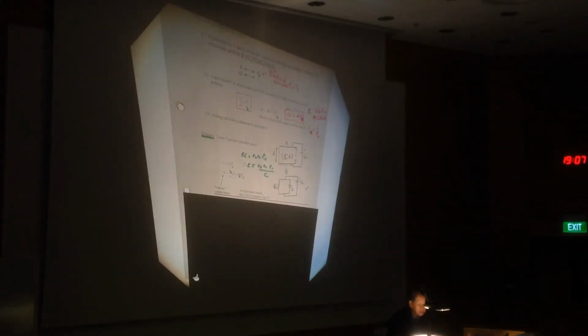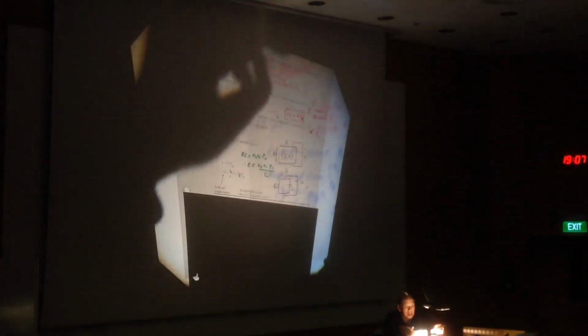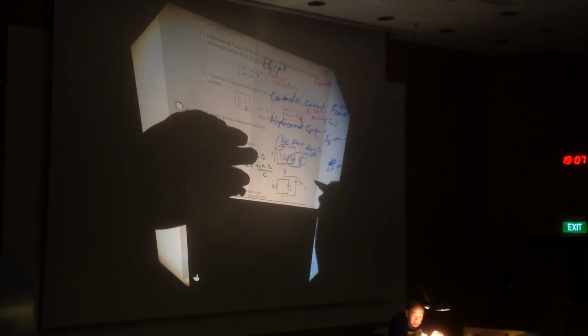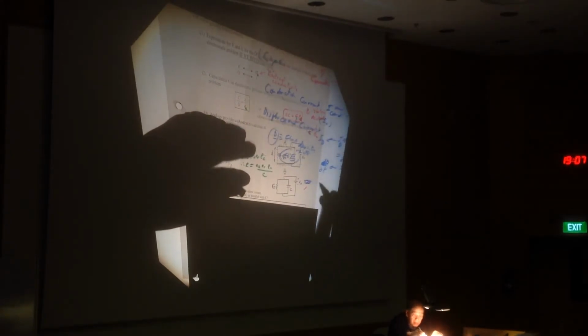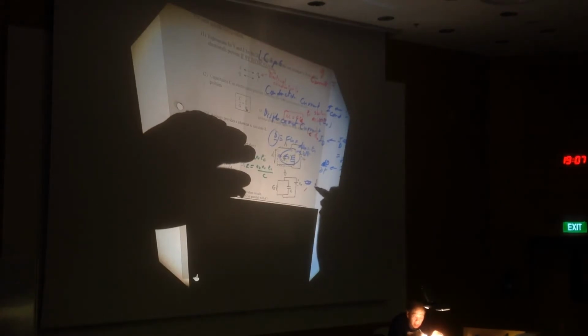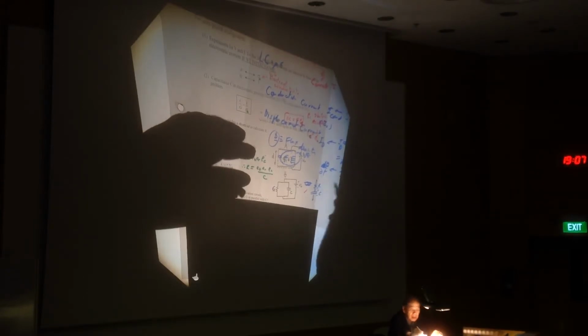But what happens in series? Why is it not in series? If it were in series, the circuit would be like this: R in series with the charged capacitor C, plus minus, and leave it open.